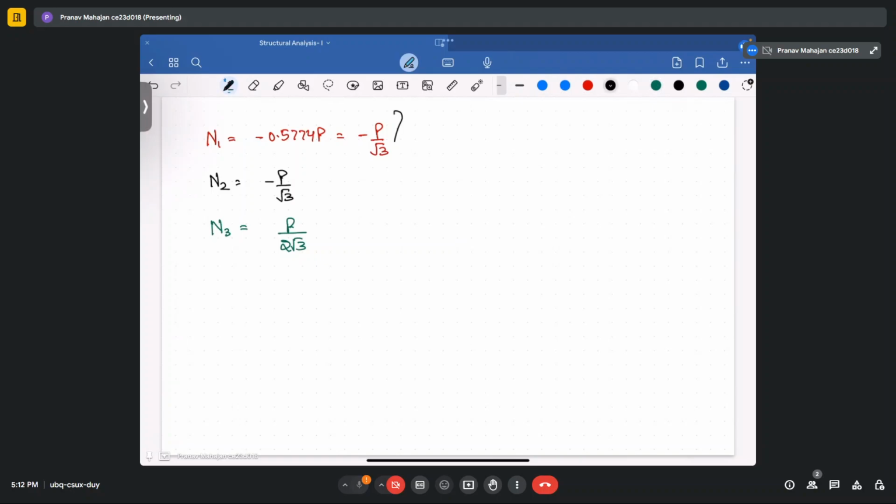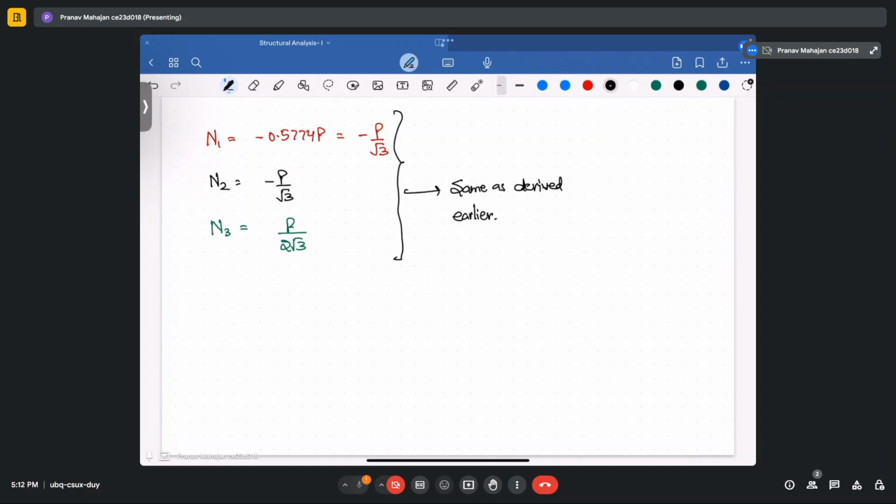All these values are the same as derived earlier. So the values that you have obtained by this method are the same as those you derived by the methods you studied in previous classes.